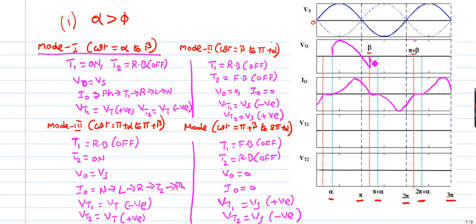So in mode 2, voltage will be 0. In mode 3, it follows the source voltage up to pi plus beta. So pi plus beta to 2 pi plus alpha, 0. Then again the positive half cycle. Now if I redraw here, this will be 0 and this will be the positive part.